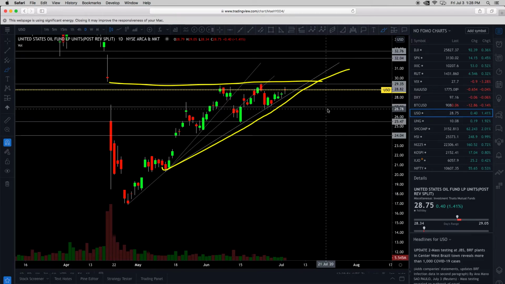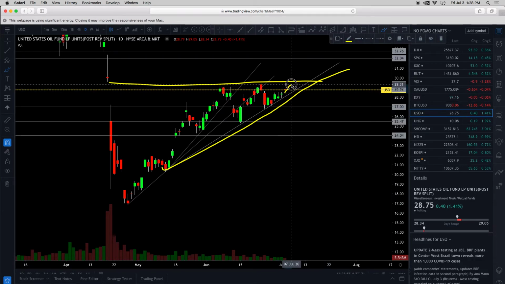So, some clear scenarios. For bullish, we might need to break out of here, $30, maybe test this back down at 29, and if the uptrend is true, we're going to hold and go up. If it's not, we're going to break down to 27, bounce around to 28, break down to 26, and then a downtrend ensues.